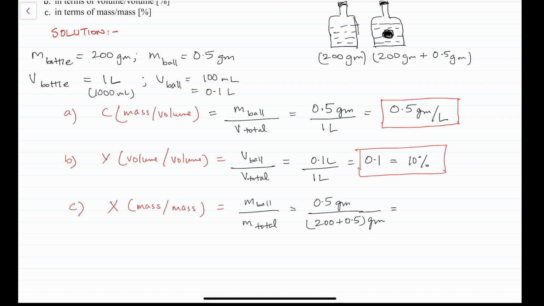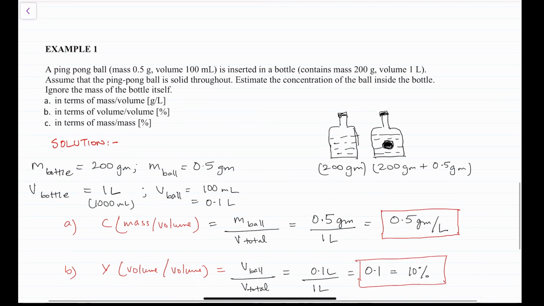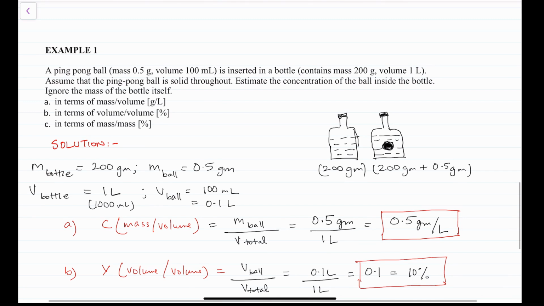And if you solve for this, it will be something around 0.0025, and this ratio would be 0.25%, and we are calculating in percent because that's what the problem asks us to do.